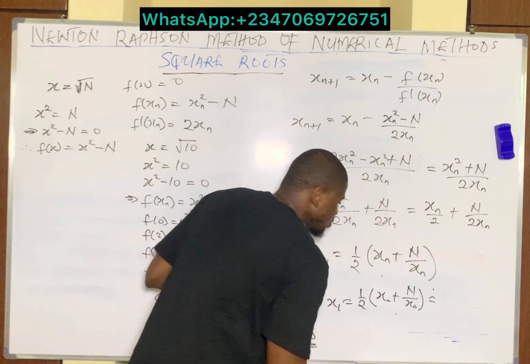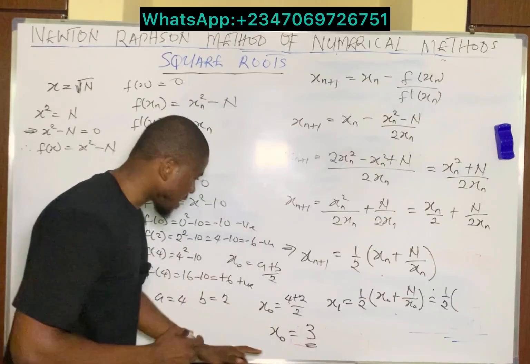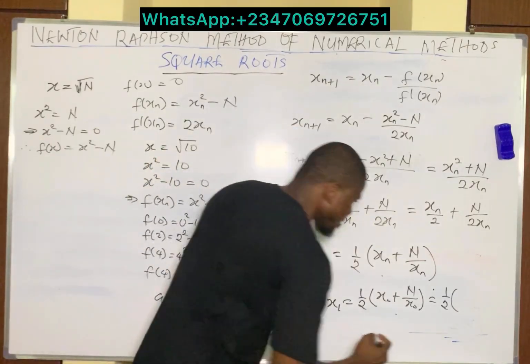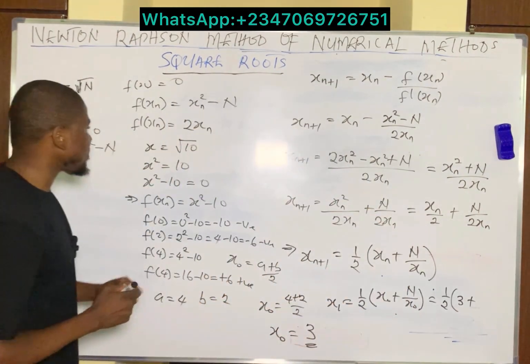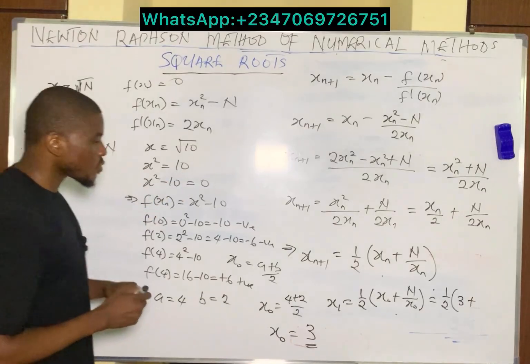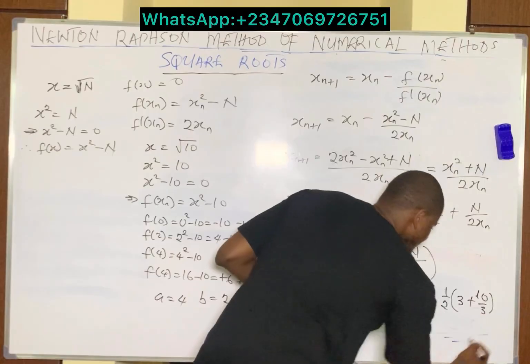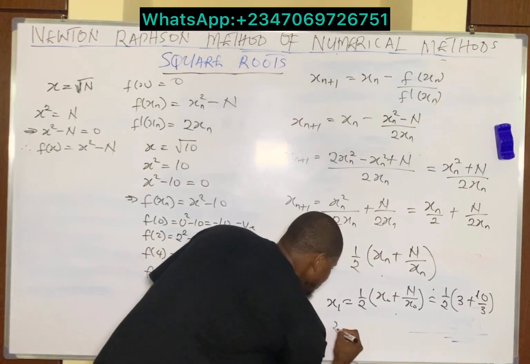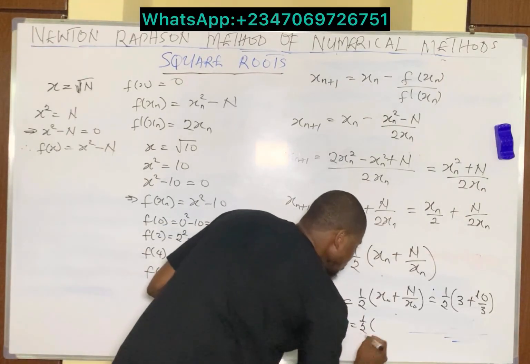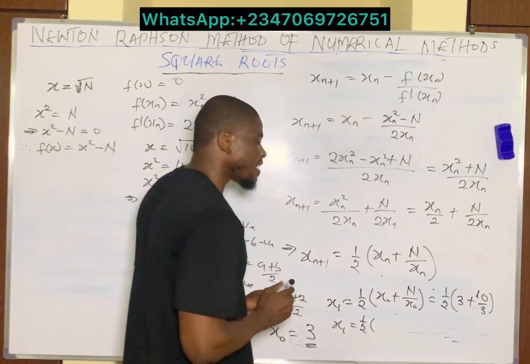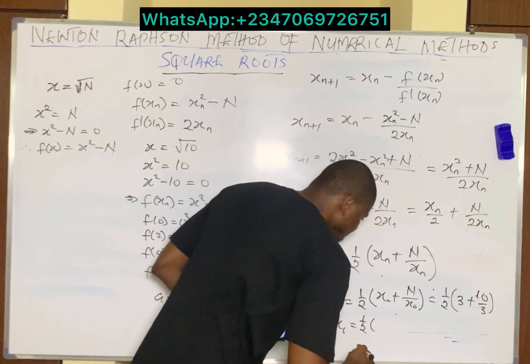Our x naught here is 3, and n is the number itself, which is 10. So we have 10 divided by 3. Let's evaluate 10 divided by 3 plus 3, correct to 4 decimal places.